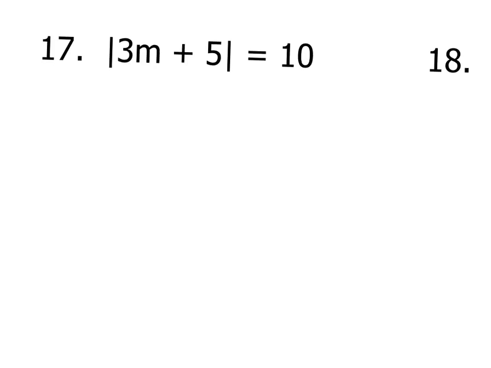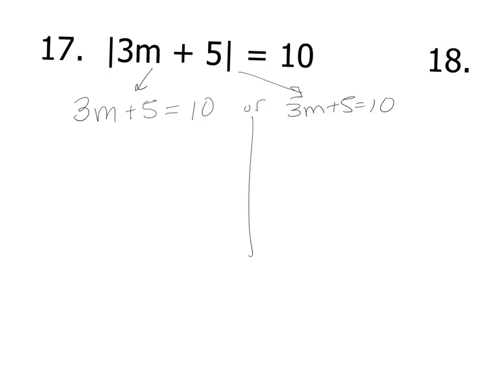So 17 is a similar situation. The stuff inside this absolute value could either equal positive 10 or negative 10, so we'll signify that by setting up two separate equations. Again, the stuff inside the absolute value equals positive 10, or the stuff inside the absolute value equals negative 10, and then we just solve.